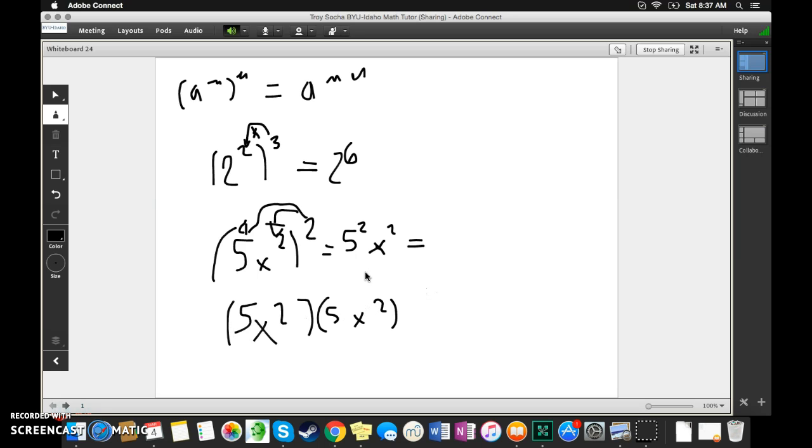So if we look at this one this way, this equals 25 x to the fourth. And here we can see it equals the same thing because we've got a 5 times an x squared times a 5 times an x squared.